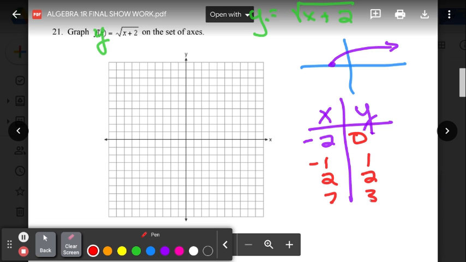And then I plot it. Negative 2, 0, negative 1, 1, 2, 2, 3, 4, 5, 6, 7, 8. Okay. It's not ideal. Okay, here's our point. And then just for good measure, I'm going to label my graph.